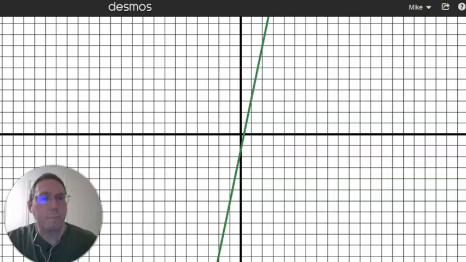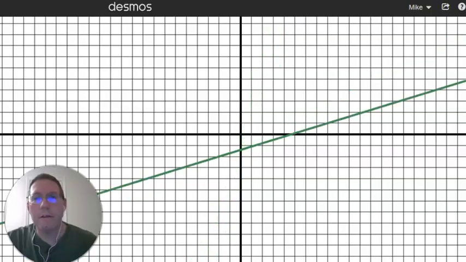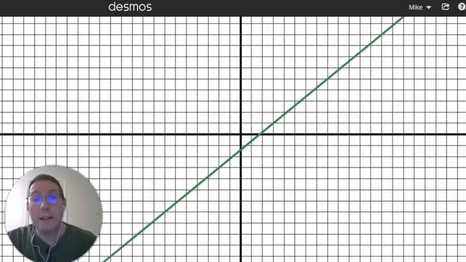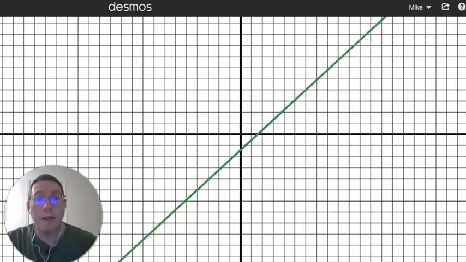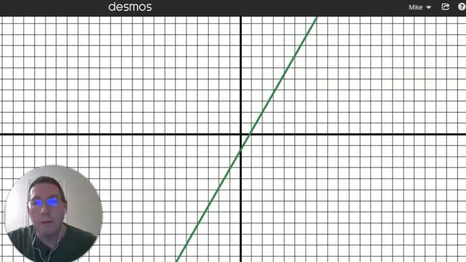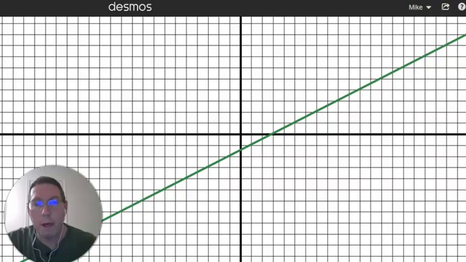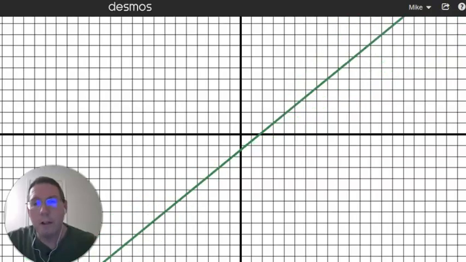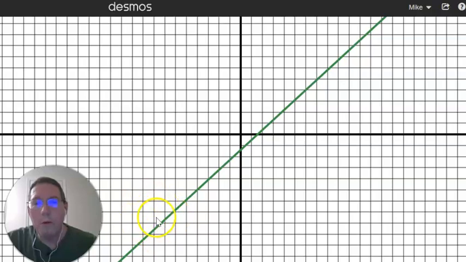All right, so what we have here is a straight line. We call a straight line a linear graph, okay? And we already know that a linear graph can have different kinds of slopes. This is a steeper slope. This is a flatter slope. In particular, we always read graphs from left to right.